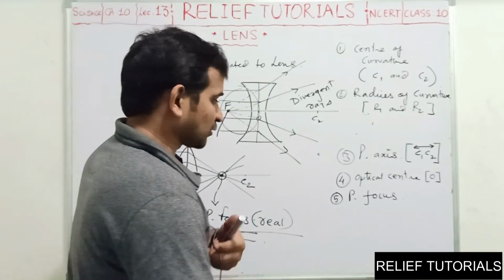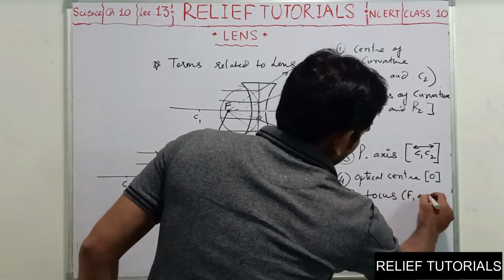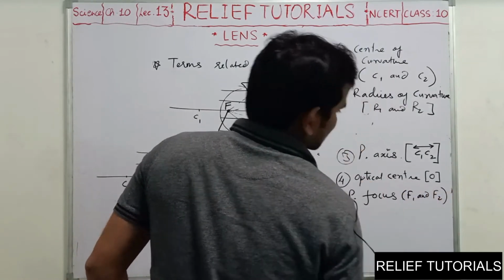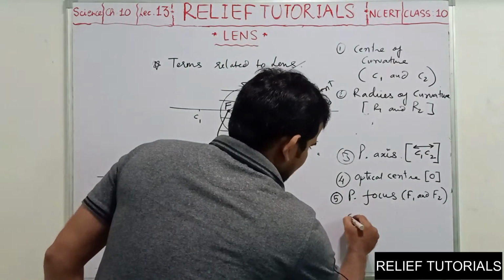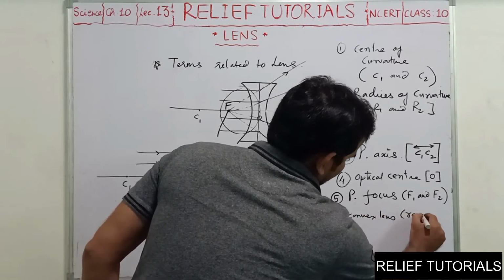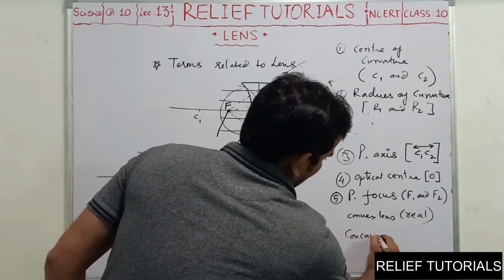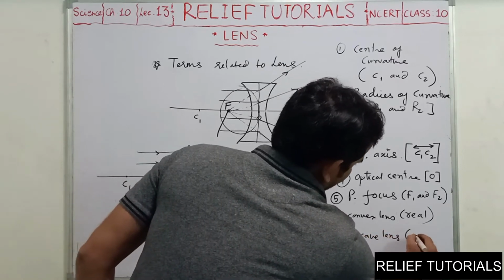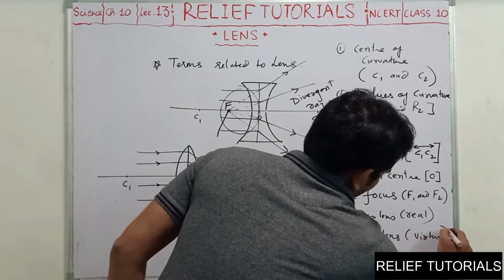So remember, there are two principal foci, F1 and F2. In the case of convex lens, principal foci are real, and in the case of concave lens, principal foci are virtual.